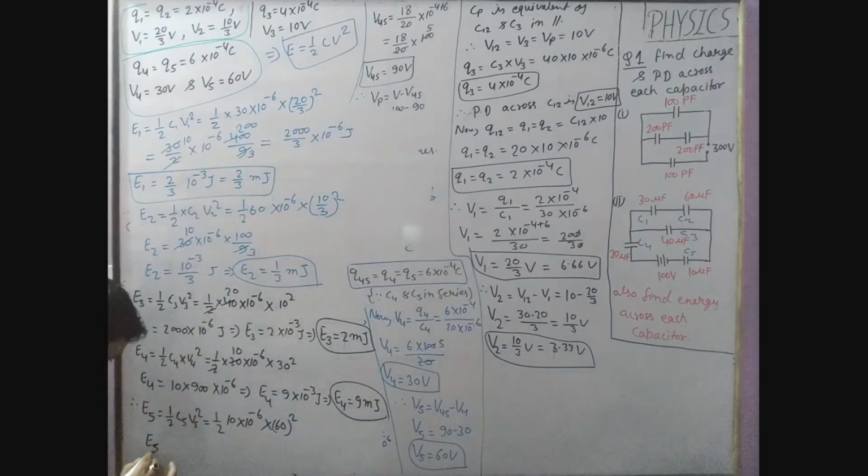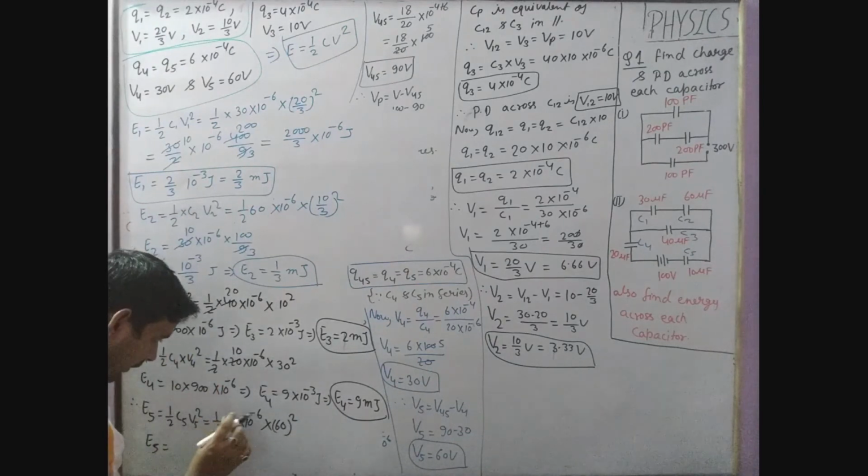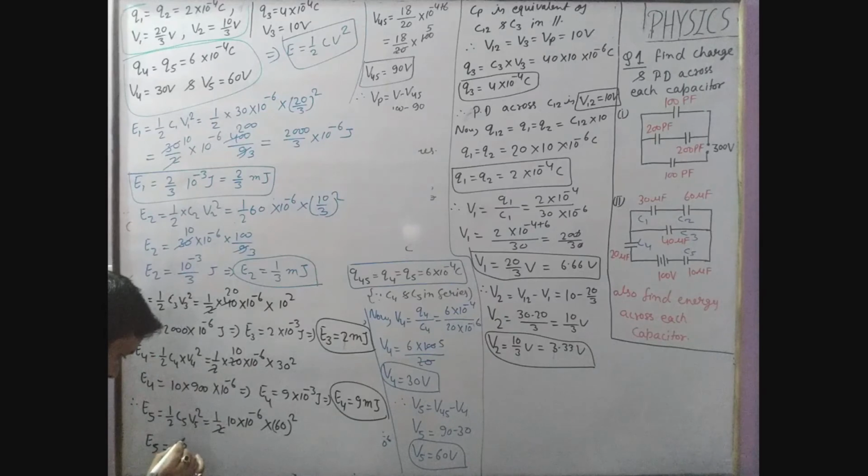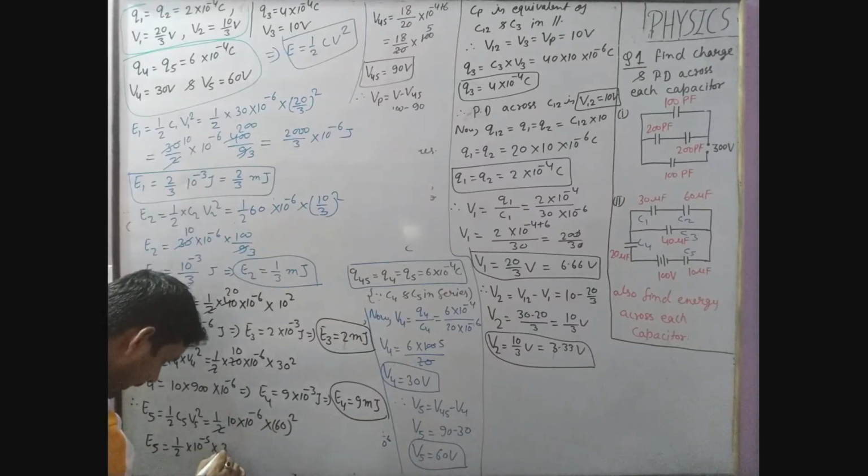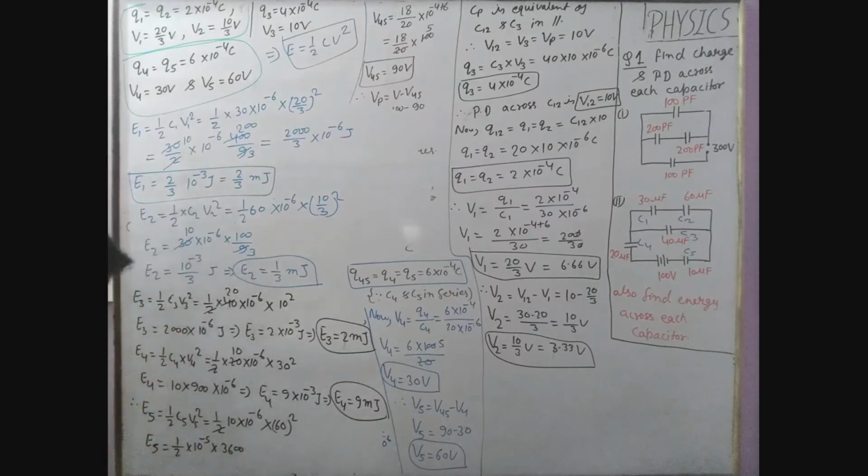Therefore E5 is half into 10 to the power minus 5 into 3600.